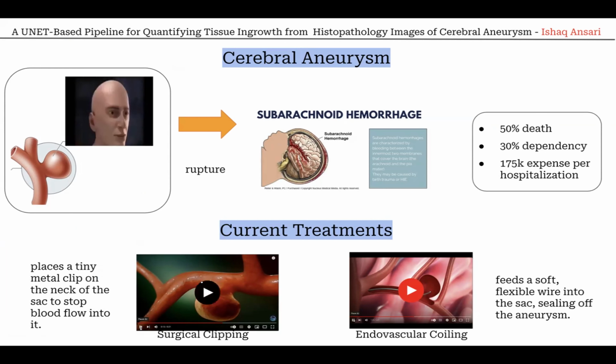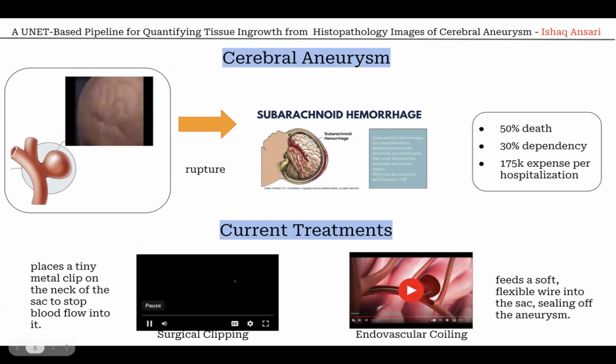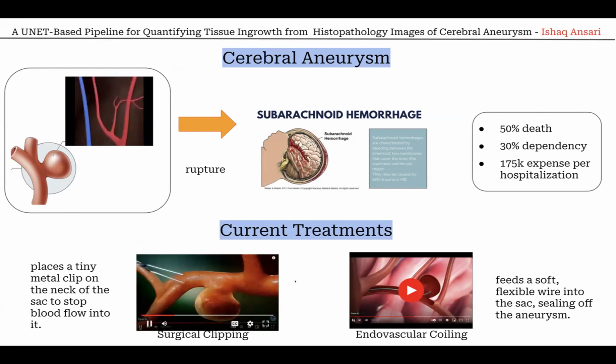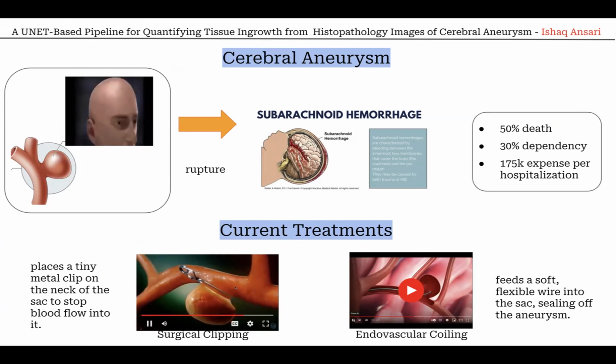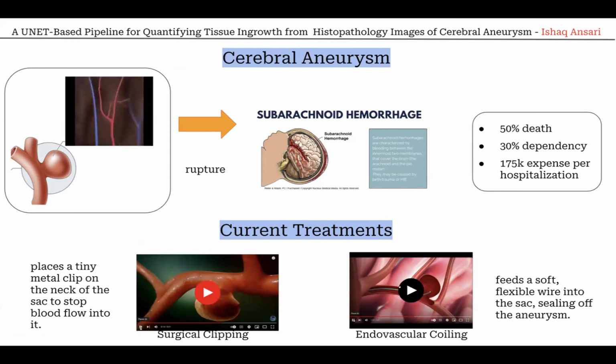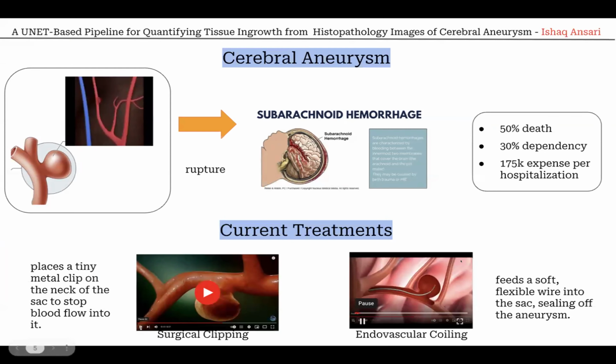Current treatments include drilling through the brain and using a tiny metal clip to pinch that opening to seal off the blood flow. The second method is endovascular coiling, where they insert a catheter from the groin region and fill the sac with coils to stop the blood flow into it, which prevents the sac from rupturing.